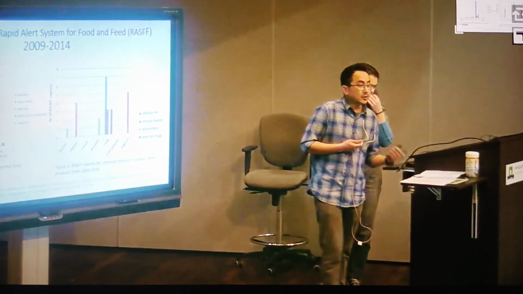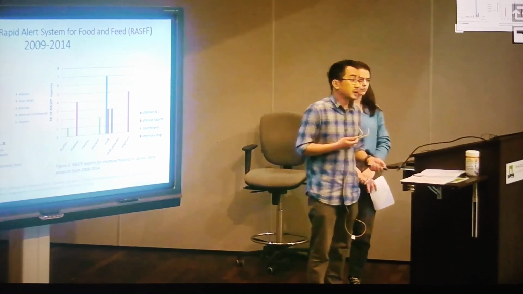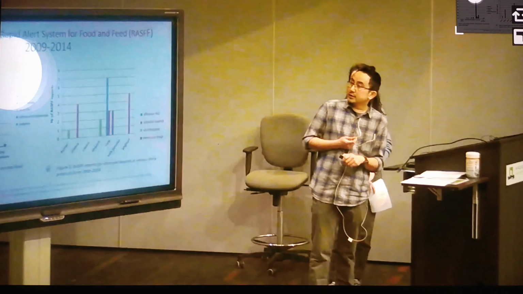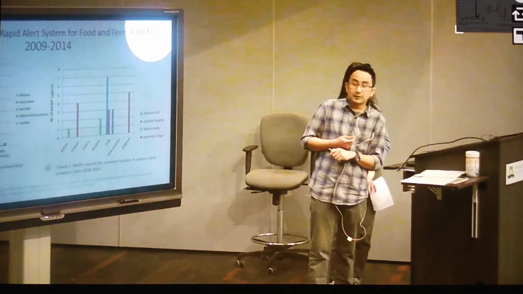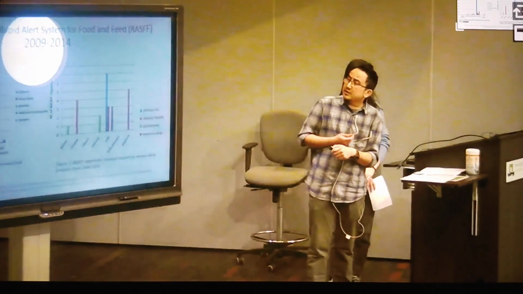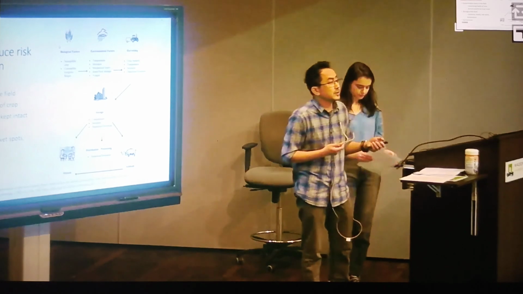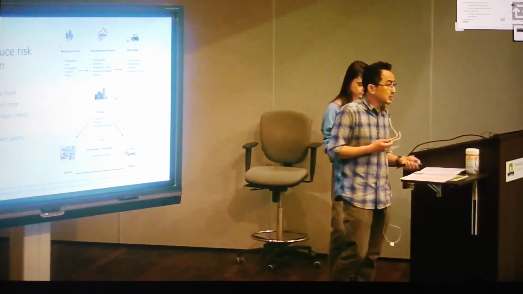So we got data from some of the literature, which is also uploaded in the Brightspace. It's data from RASFF, the Rapid Alert System for Food and Feed. This data was collected from 2009 to 2014.